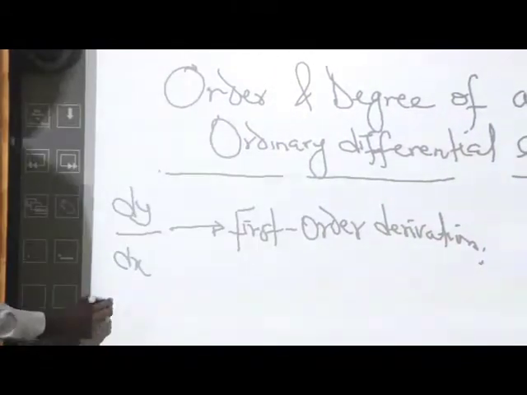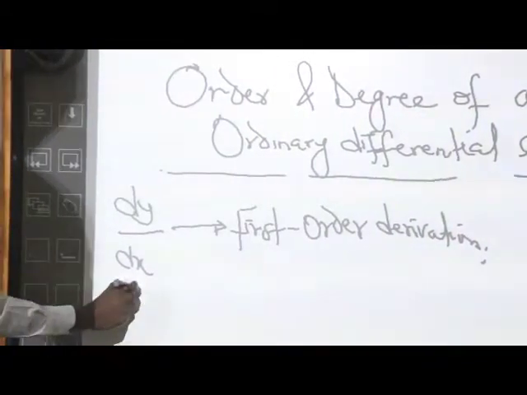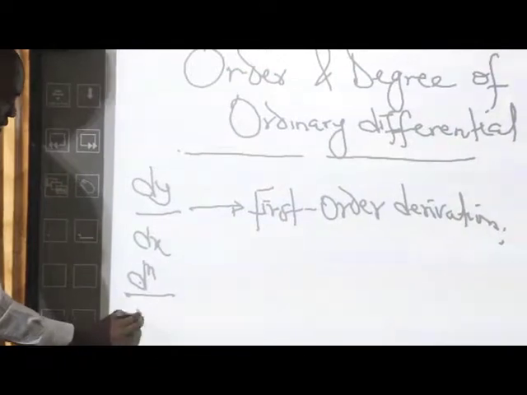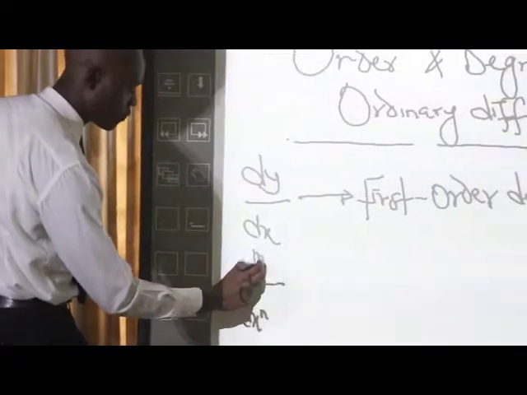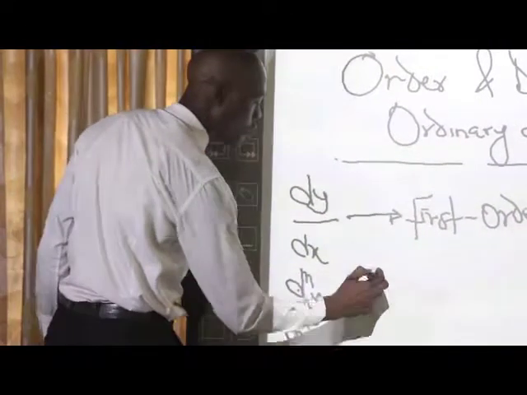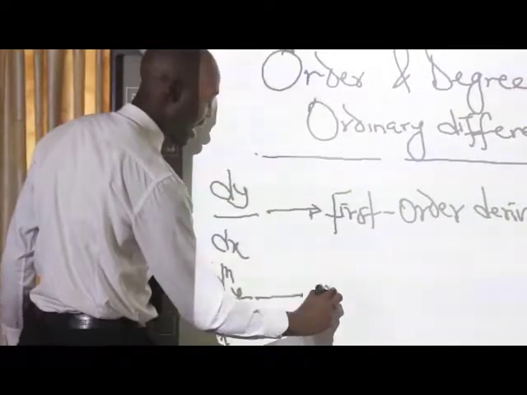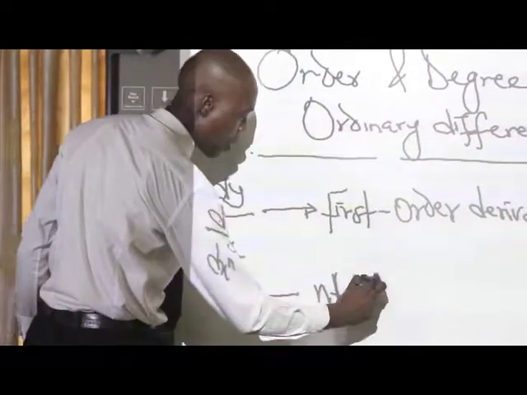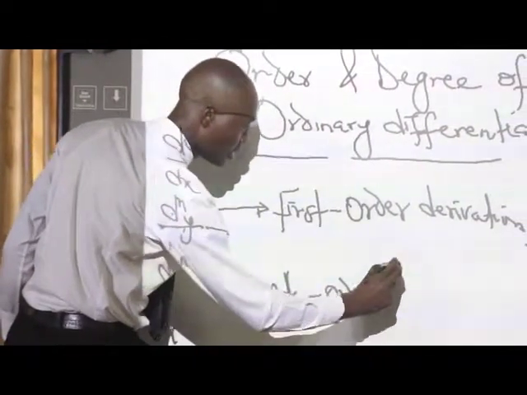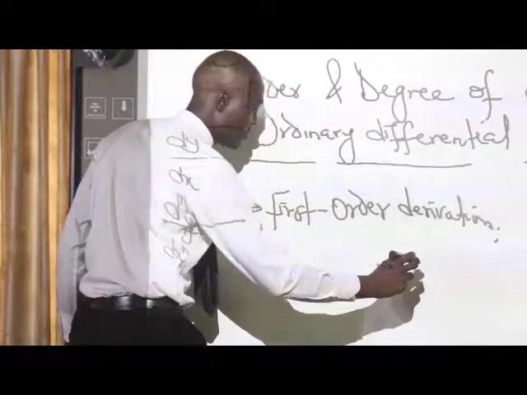Now suppose I have the nth derivative of y, d^n y/dx^n. This will be referred to as nth order derivative.